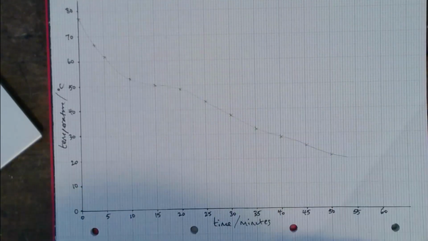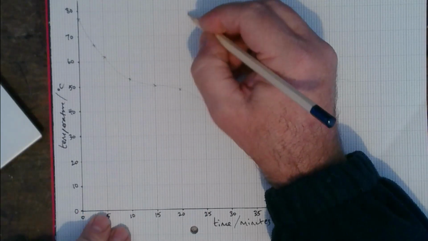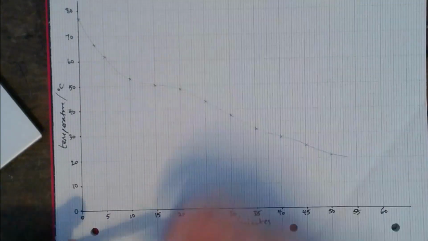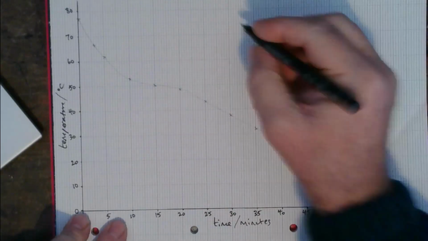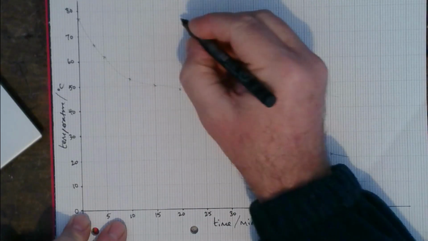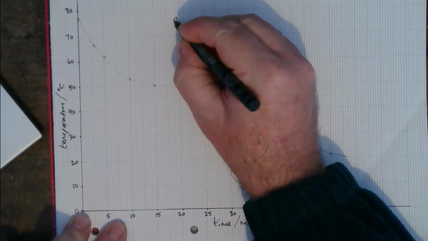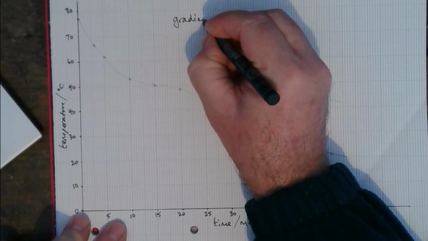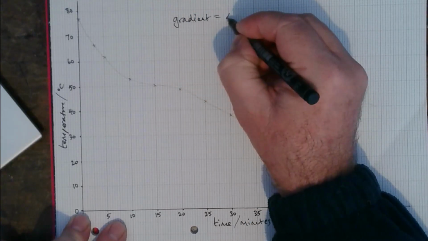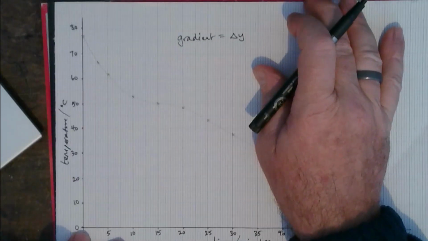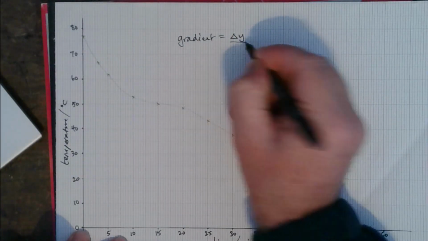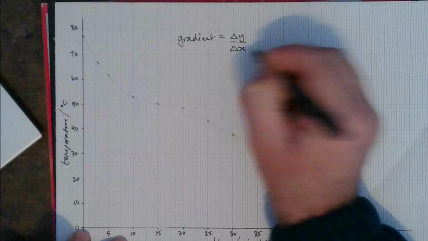Okay, the gradient of a graph is given by, let's use a pen so it shows up, the gradient of a curve is given by the change in the y value, divided by the change in the x value.